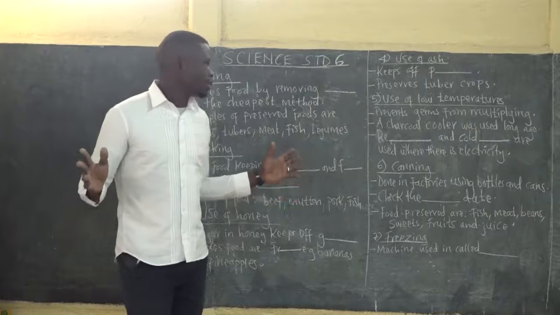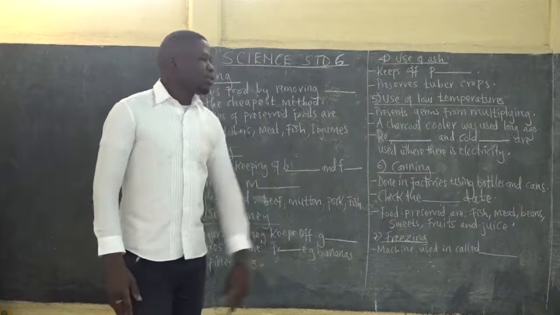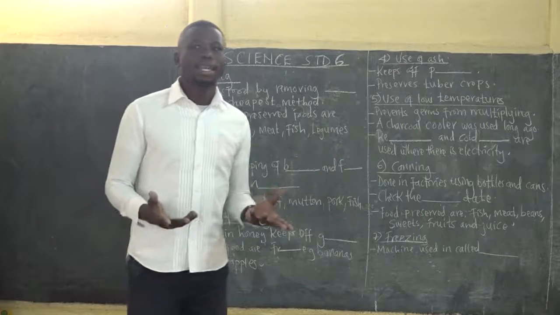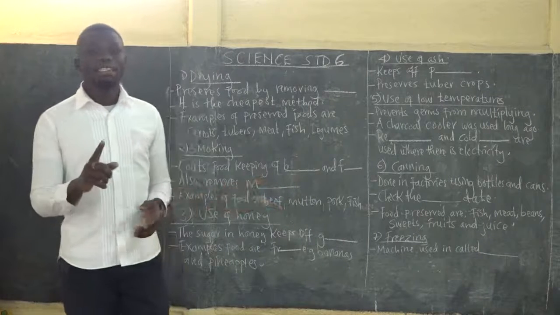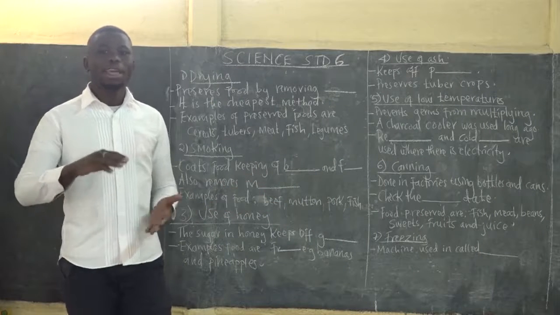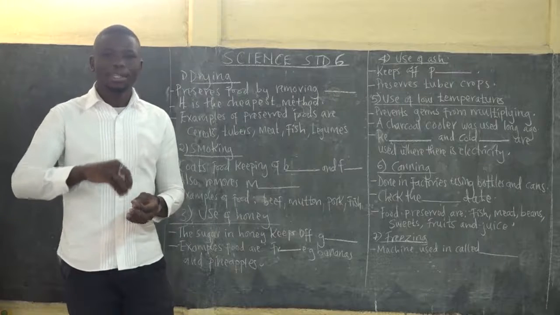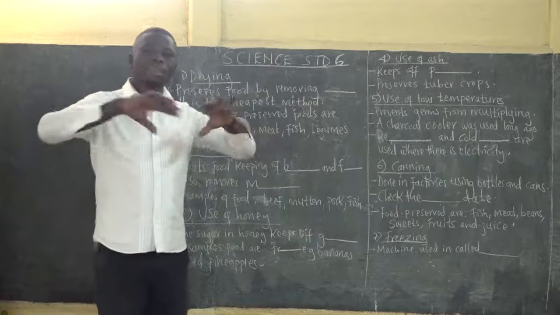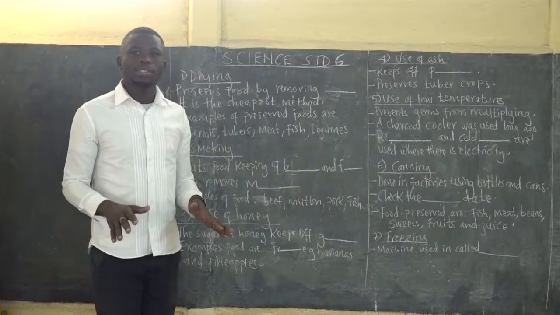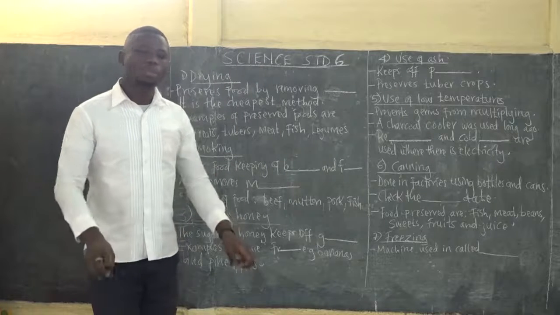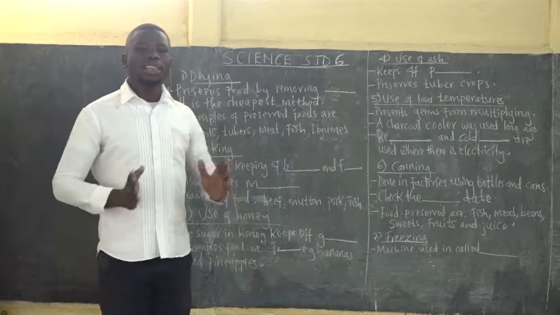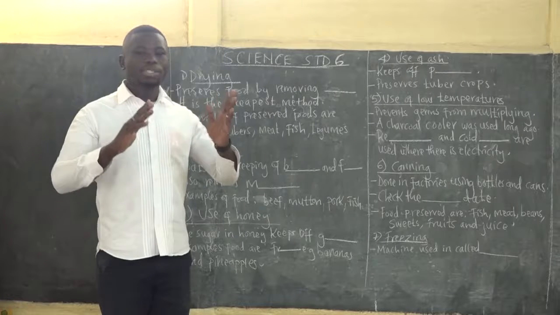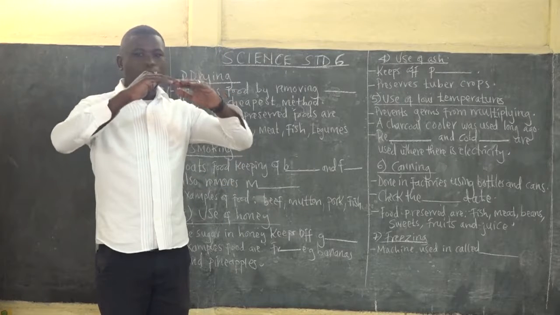They cannot increase. A charcoal cooler was used long time ago to preserve food, mostly like milk. And a charcoal cooler is whereby milk was put in a bottle, put in a basin of water, then covered with a piece of cloth. So the piece of cloth, what it does, it absorbs water from the basin, then that water rises by the process of capillarity up to the top.